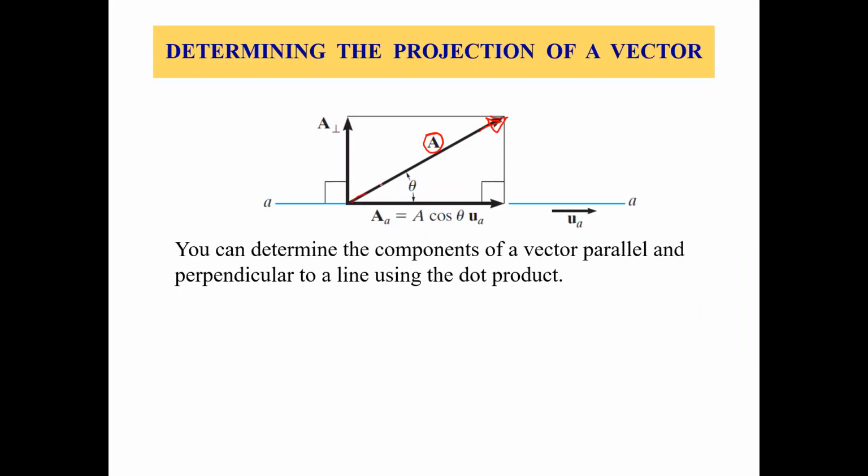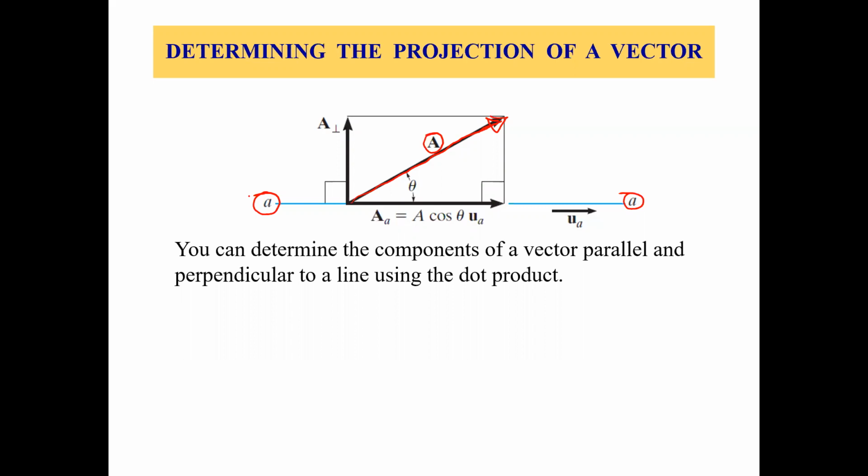This is your vector A. And this is your line aa, or we can say axis aa, right? So how do we find the projection of a vector along this line aa? That's the question. How do we do that?